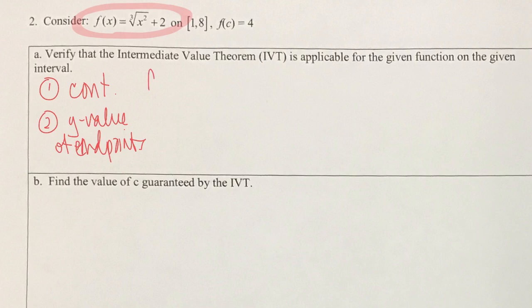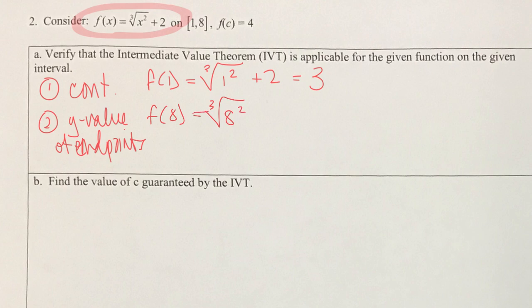So let's see, what is f of 1? That's the cube root of 1 squared plus 2, which is 3, because the cube root of 1 squared is 1. The cube root of 1 is 1. 1 plus 2 is 3. Then we do the same thing for f of 8, the cube root of 8 squared plus 2.